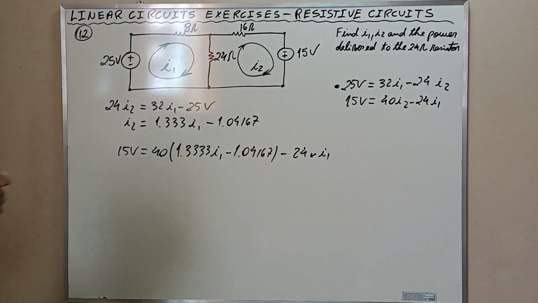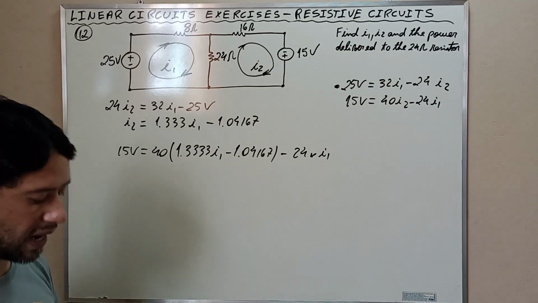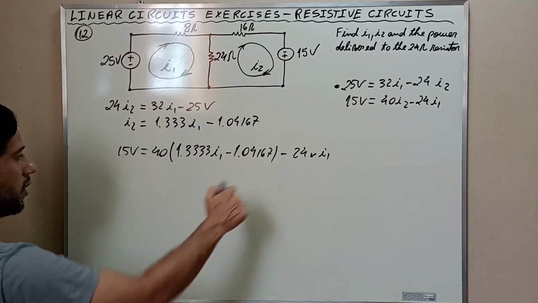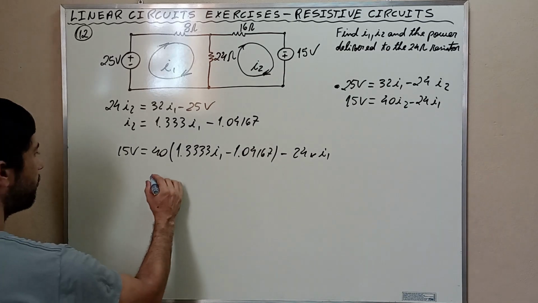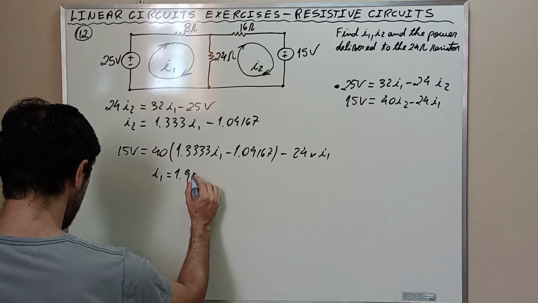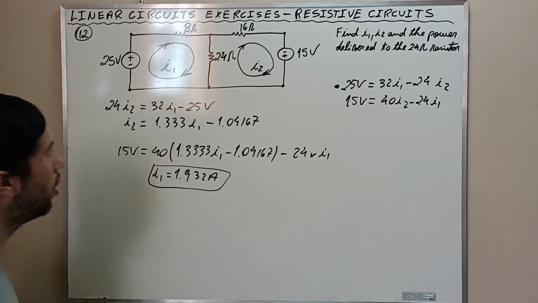Now we have an expression with only one variable. The variable is I1. We can solve it, and if we conduct this mathematics, we find that I1 is equal to 1.932 amps. This is the value of I1.